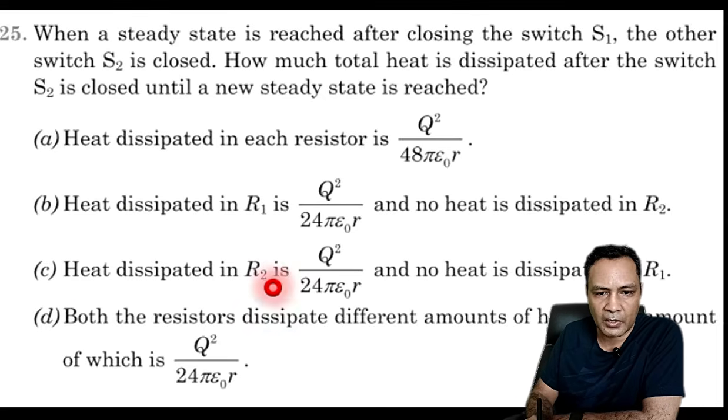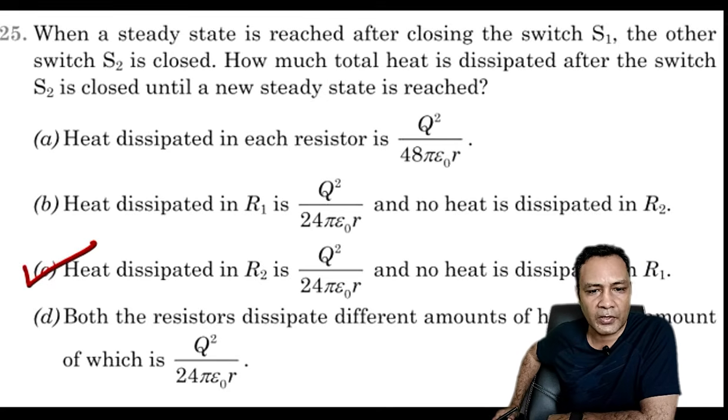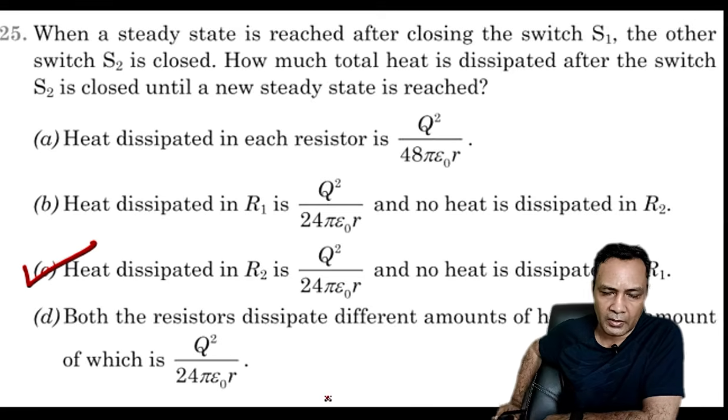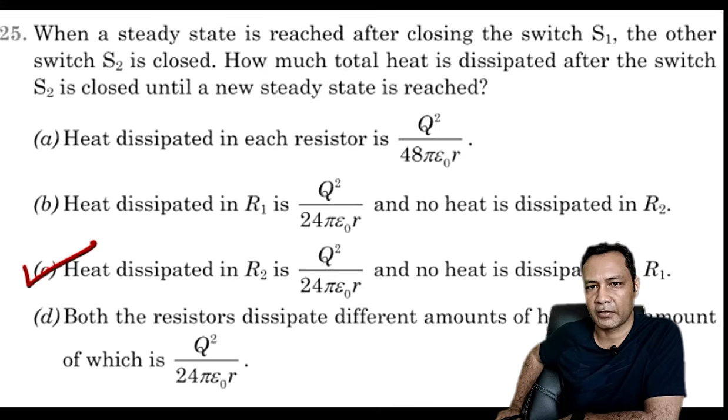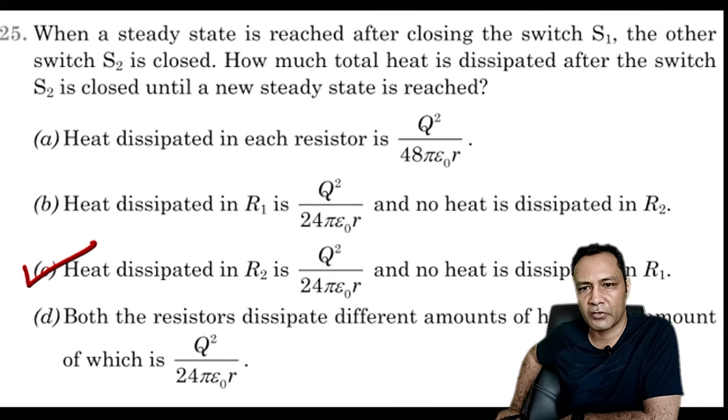Heat dissipated in R2 is Q square by 24 pi epsilon R, and no heat dissipated in R1. That is correct. Both the resistors dissipate different amounts of heat, total amount of which is, that is wrong. Only R2 is dissipating it. So that is the answer to both of the questions. Thank you. It was indeed a very good question.